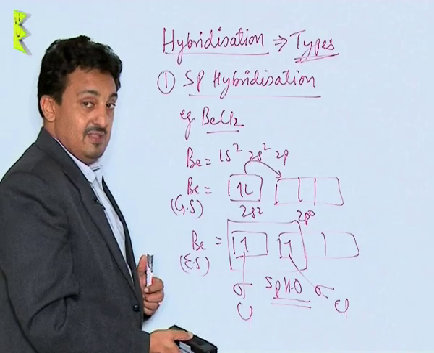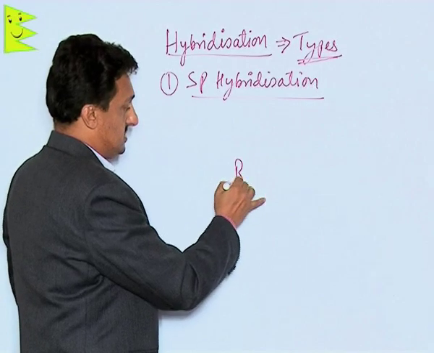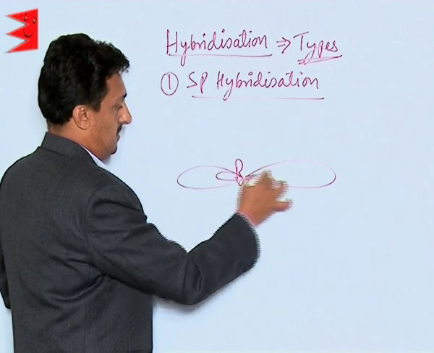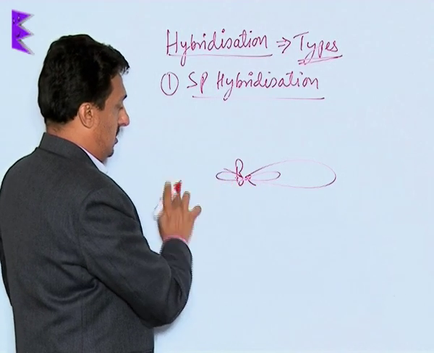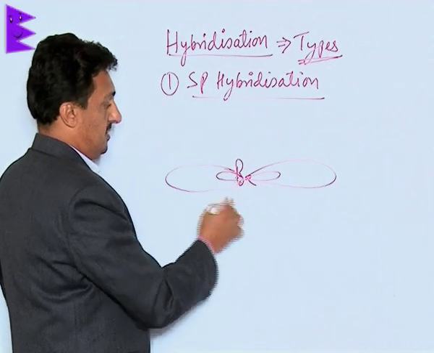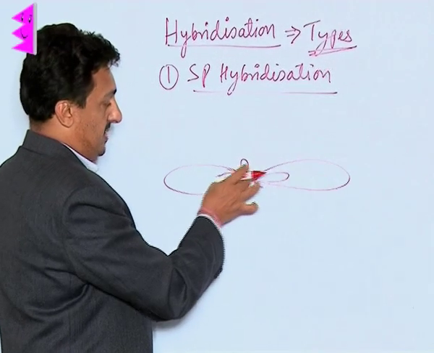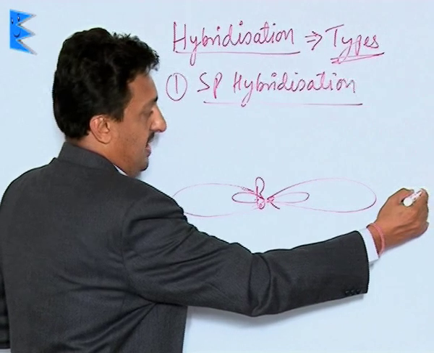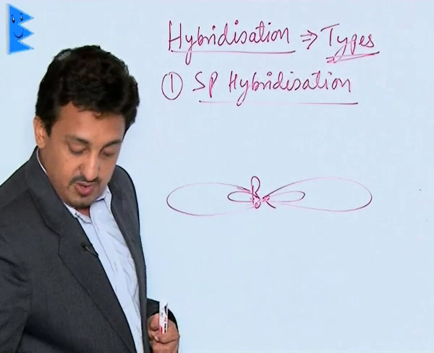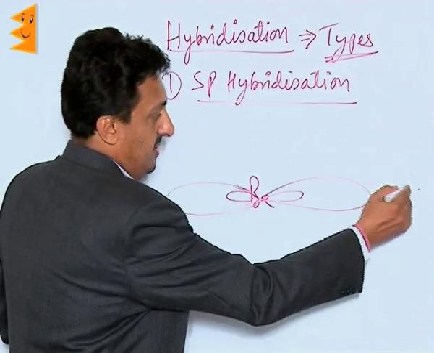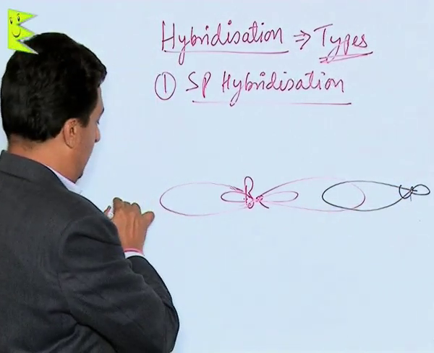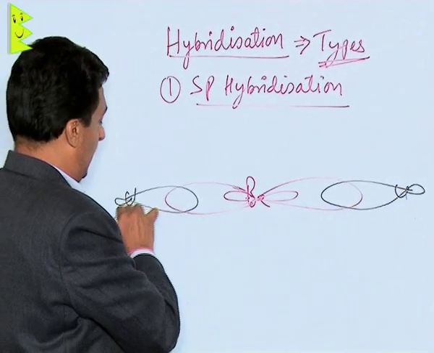Now let us see the structure. This is beryllium. These are the two hybrid orbitals, with a bigger lobe and a smaller lobe each, linearly arranged. From here one chlorine overlaps, and from here also one chlorine overlaps.